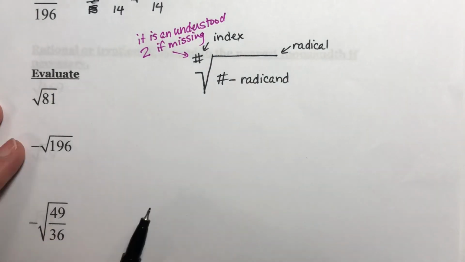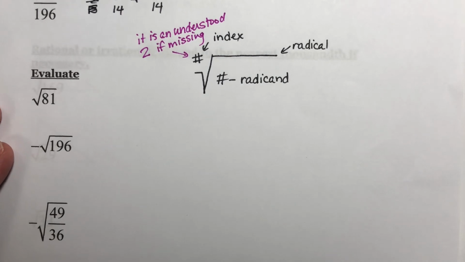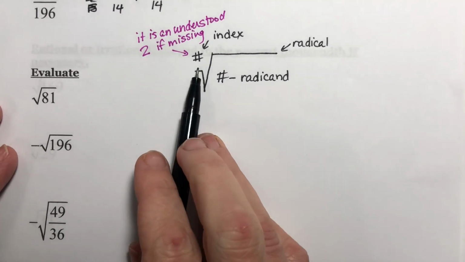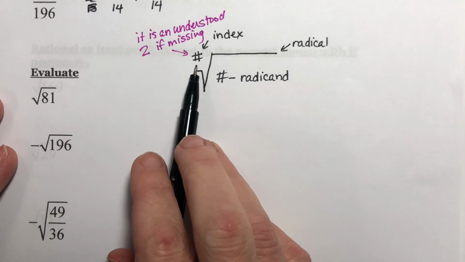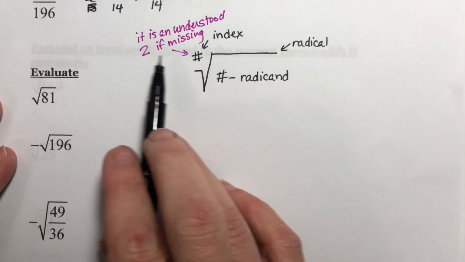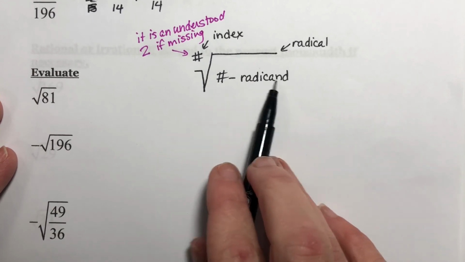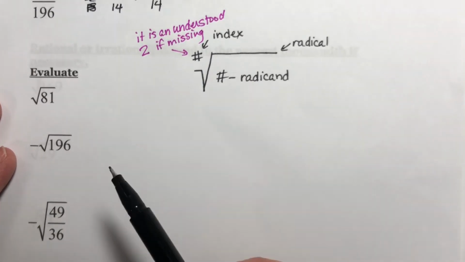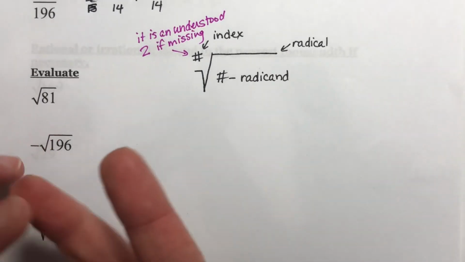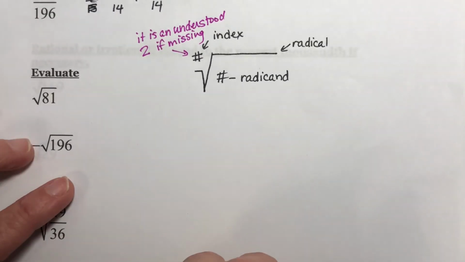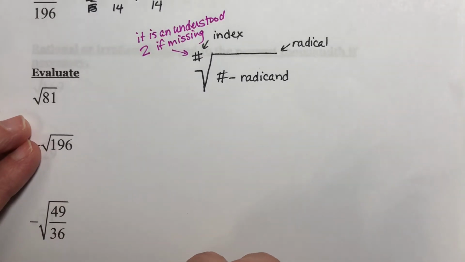I know of understood zeros, understood ones. This is the only time I can think of where there's an understood 2. This index is only asking you, well, what number times itself, that would be 2 times, gives you this number. Whereas if it were 3, that's a cube root, that would be saying what number times itself 3 times. So the index just tells you how many times you're supposed to multiply these things together.